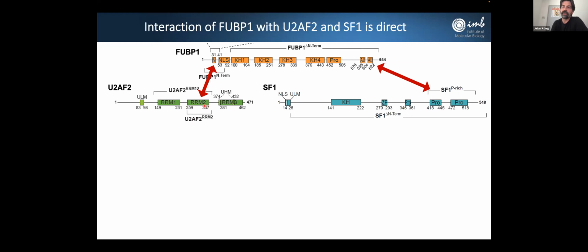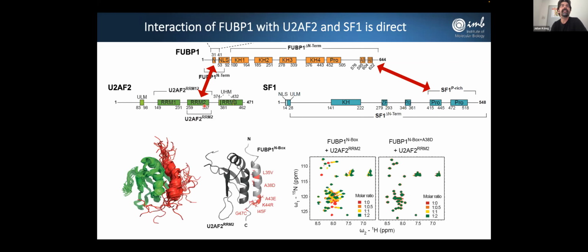I don't have time to show you all this data. I just want to show one exemplary NMR experiment that we did to show the interaction between the N-terminus and RRM2. Here we have U2AF2 protein, and then we titrate in this FUBP1 N-terminal box. You can see nice chemical shifts indicating that this FUBP1 N box is binding to U2AF2.